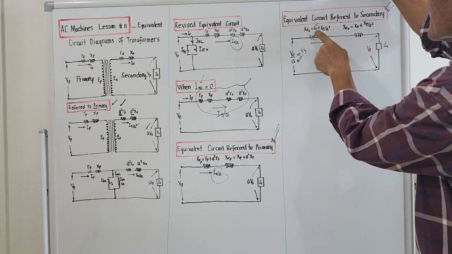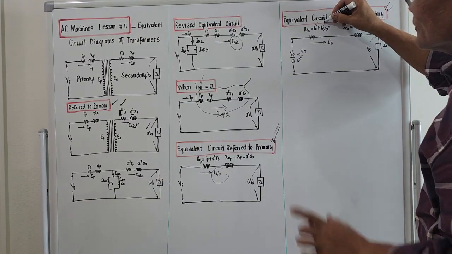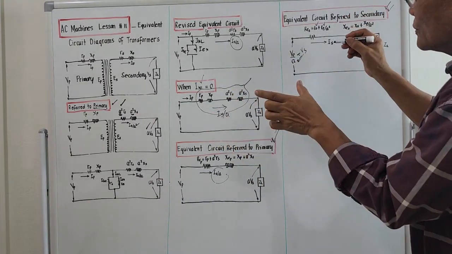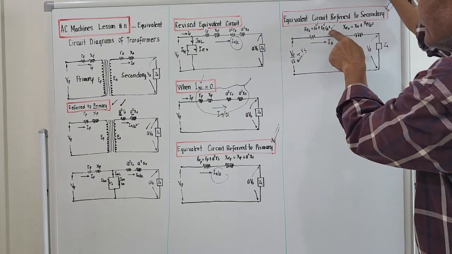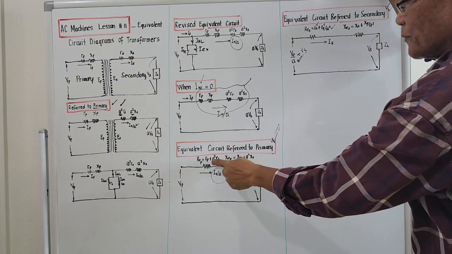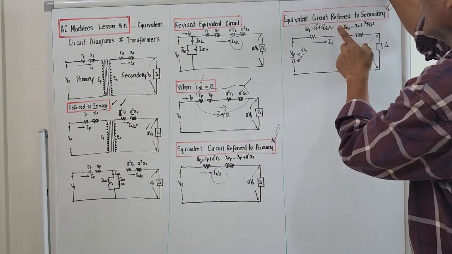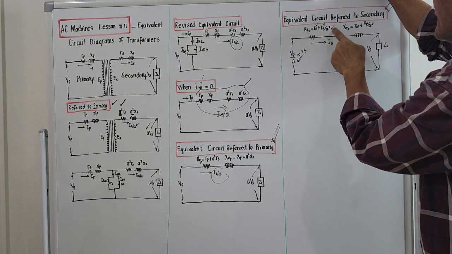We take the value of the primary resistance. For it to be converted to the secondary side, we divide it by A squared. On the primary side, we multiply, but on the secondary side, we divide by A squared.